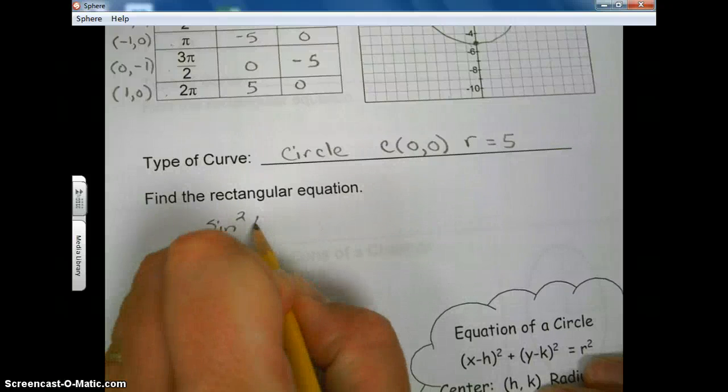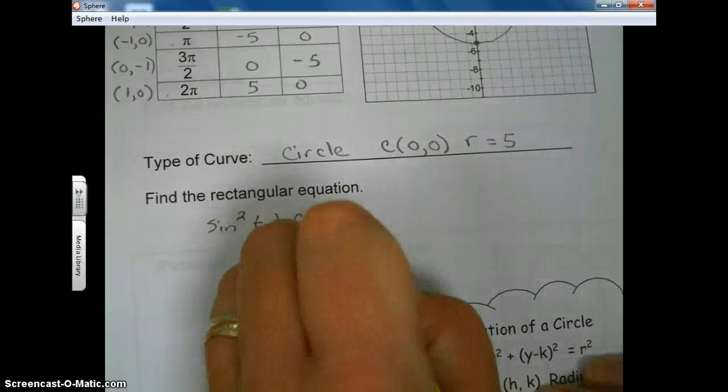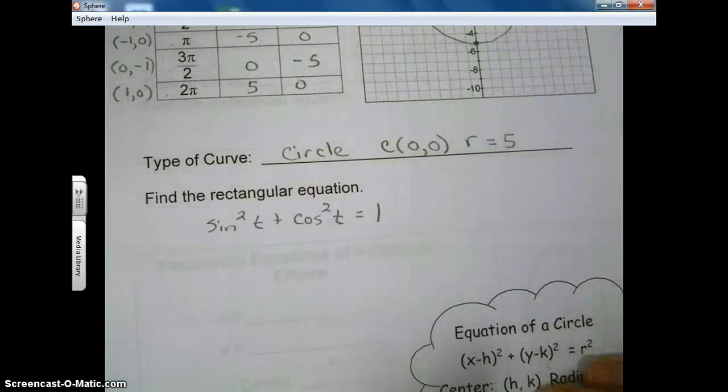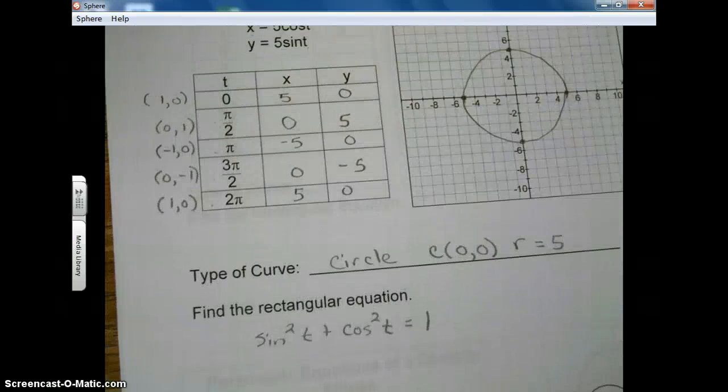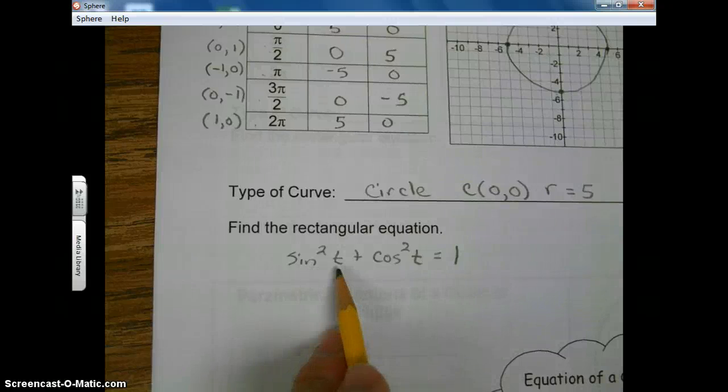Sine squared of t plus cosine squared of t equals 1. Now the next thing we want to do is plug it in. Up here we're going to take this equation and solve for the sine of t.